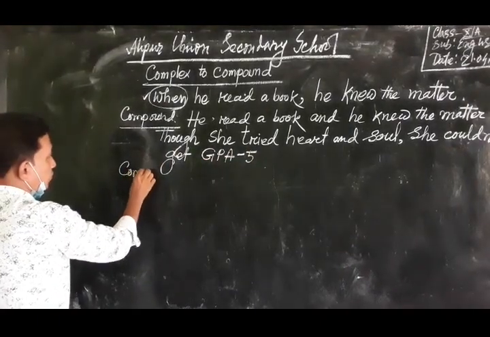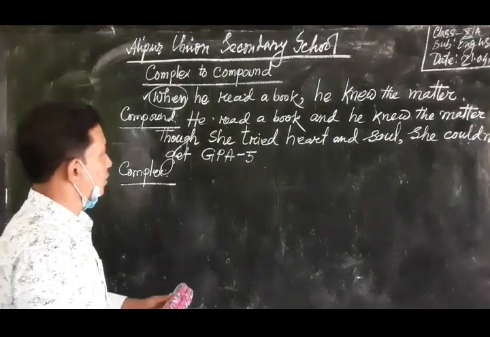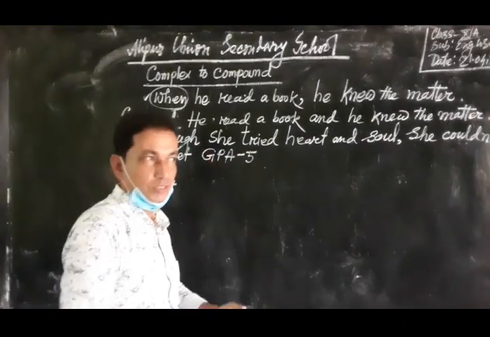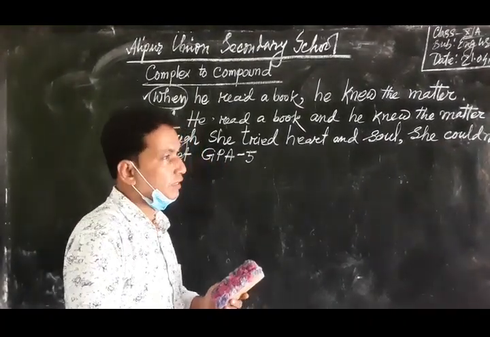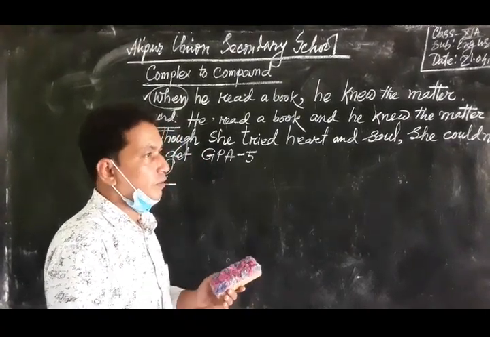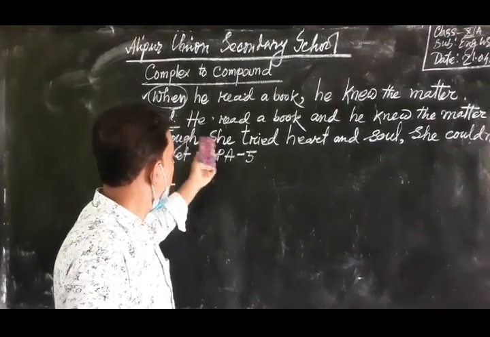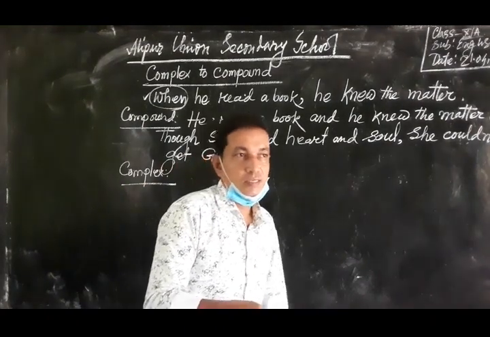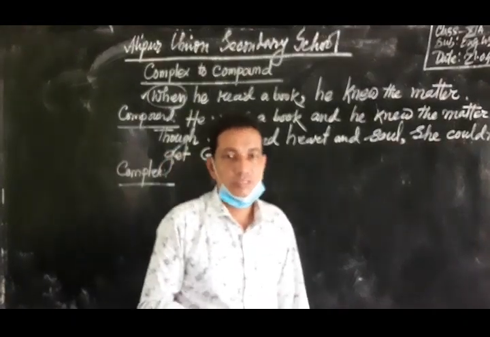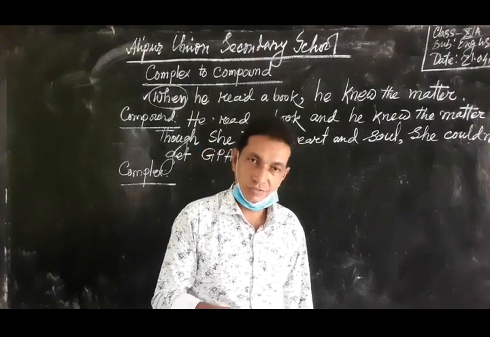This is a complex sentence, dear learner. You have noticed, because the sentence starts with the conjunction though. This is also a subordinating conjunction, and this type of conjunction indicates some item. That means though she tried heart and soul, because she tried heart and soul, but she could not get the GPA. It indicates the sense of a complex sentence.